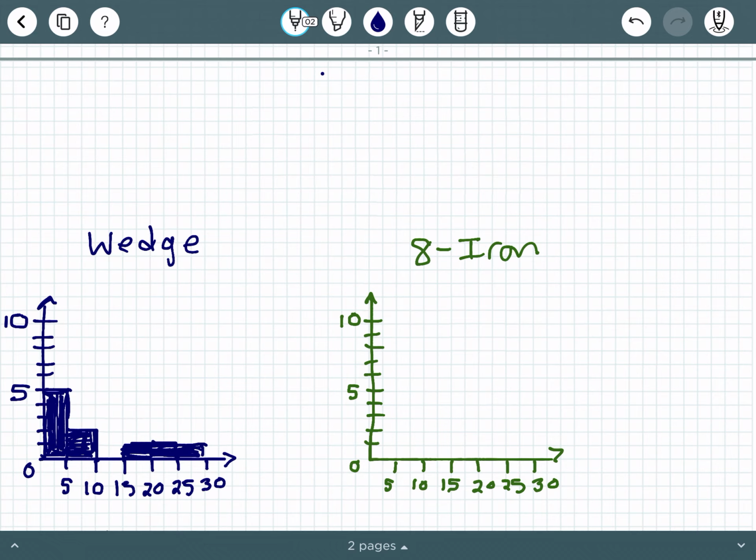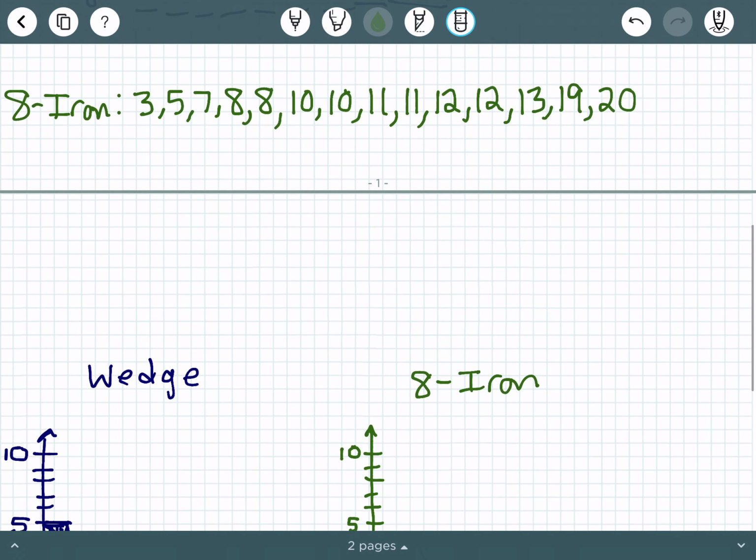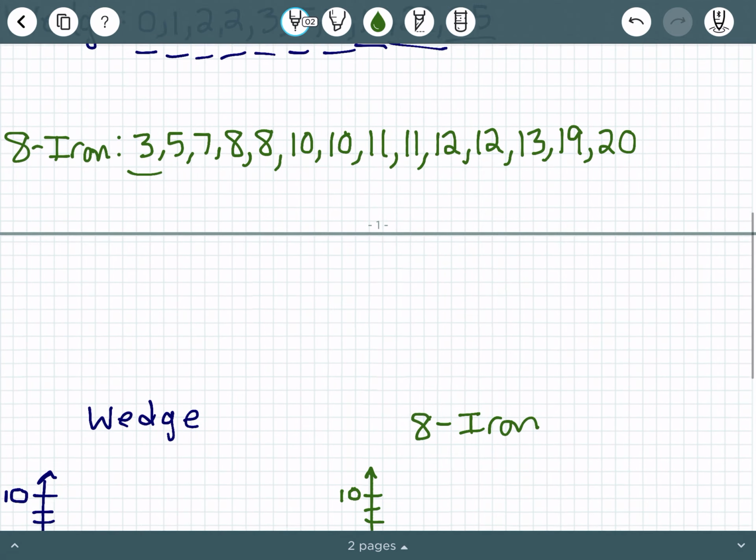Now we can go ahead and take a look at our numbers for the 8-iron. So I'm going to switch over to green here. In our 8-iron, again, we're going by the same scale for distance. 0 to 4 is going to be our first range of numbers, and it looks like we have 1 of those.